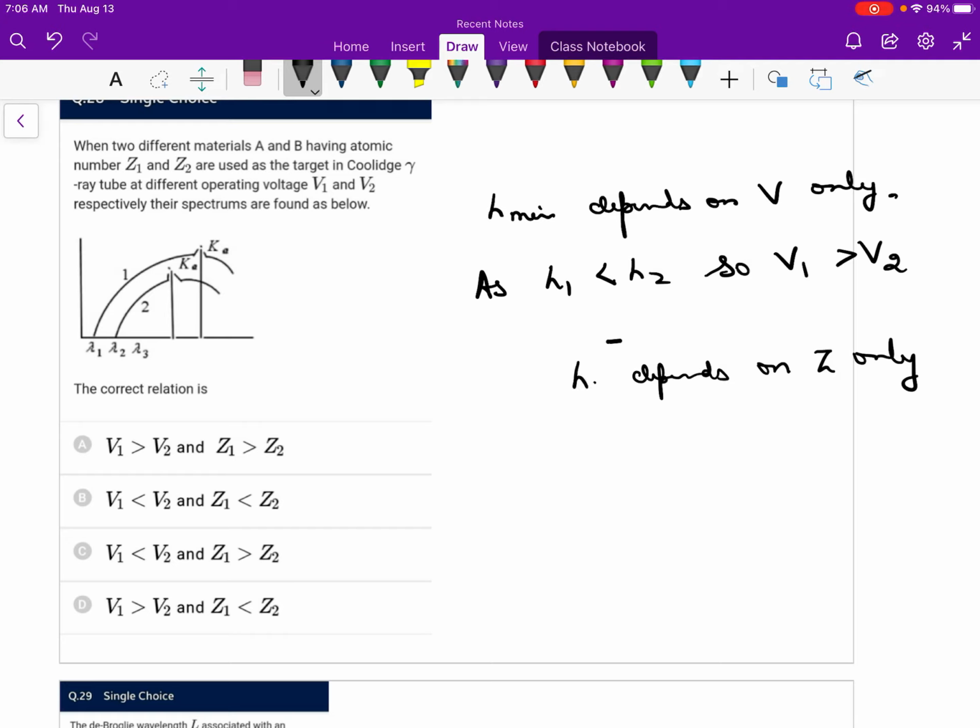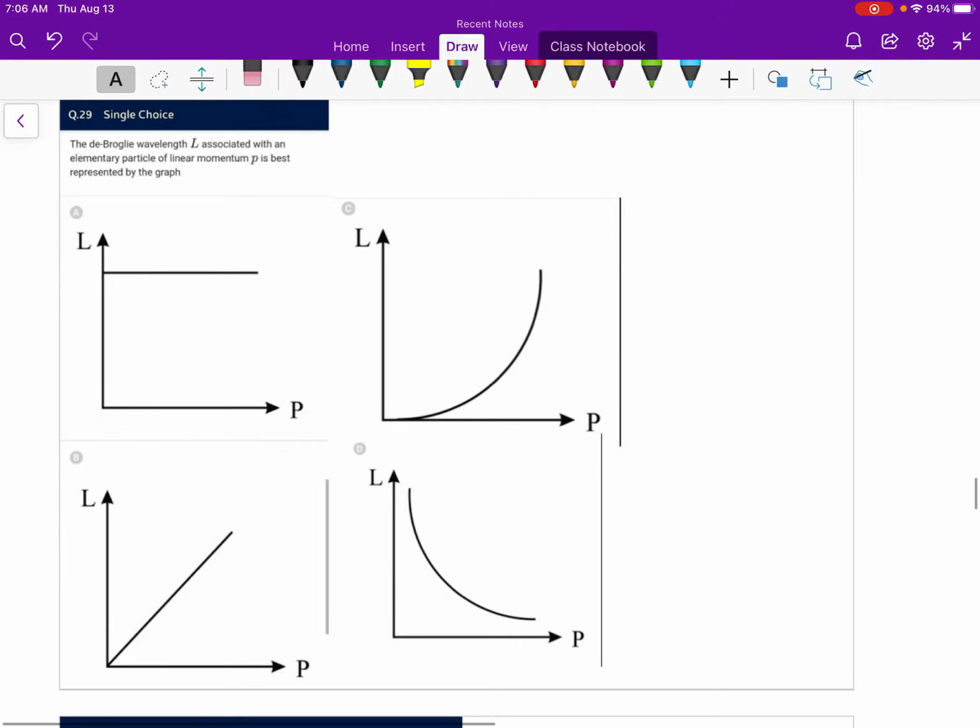So lambda 1 K alpha is lesser than lambda 2 K alpha, so Z2 is greater than Z1. So Z2 is greater than Z1 and V1 is greater than V2, so D is the correct option. The de Broglie wavelength lambda is h by p, so proportional to 1 upon p, so a rectangular hyperbola. So D is the correct option.